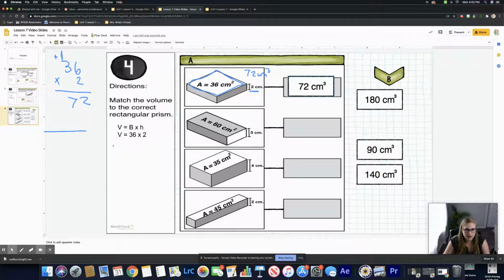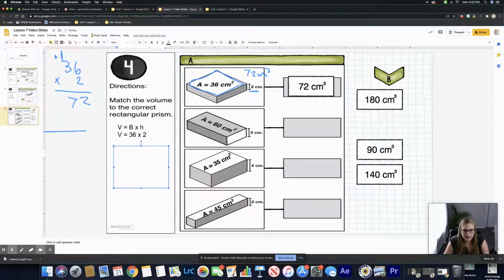My next one has an area of the base of 60 centimeters squared. So volume equals base times height. So volume equals 60 times 3. I'm actually going to change my color.